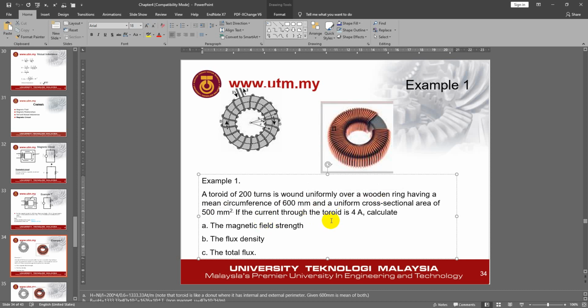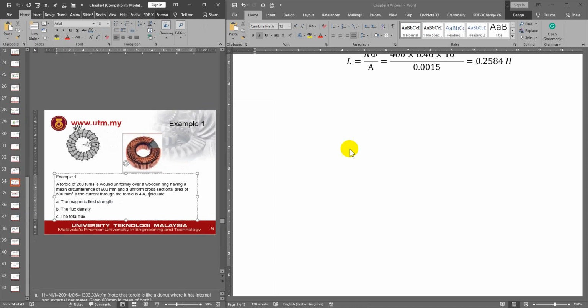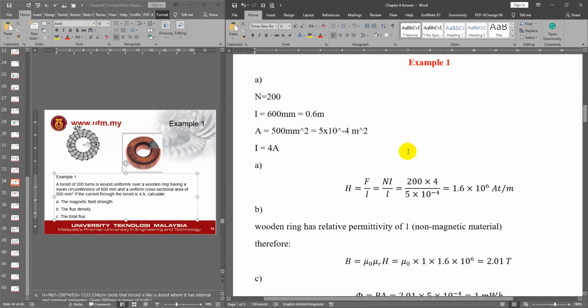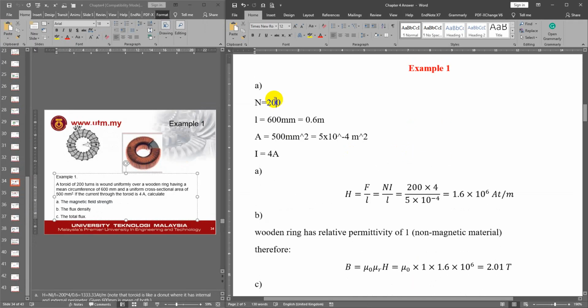Then the current goes through the toroid. The current is 4 ampere. Calculate the magnetic field, the flux density, and the total flux. So the first one is the magnetic field strength. N is given; just extract all the information and convert it to SI units.